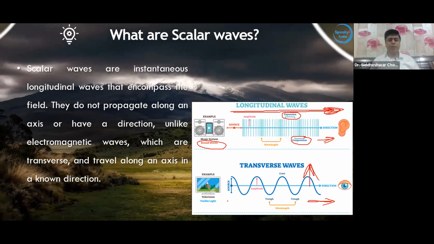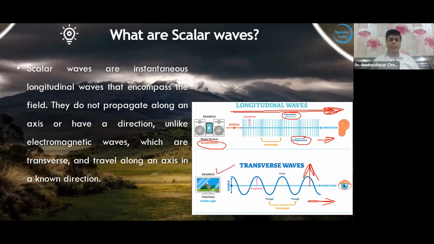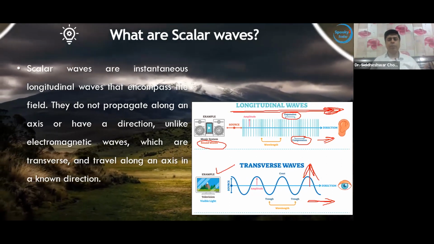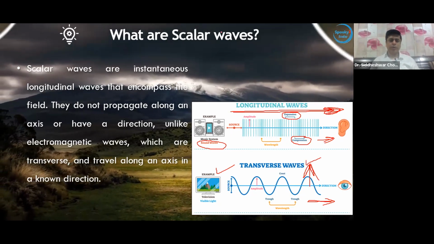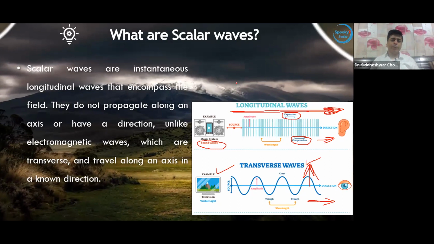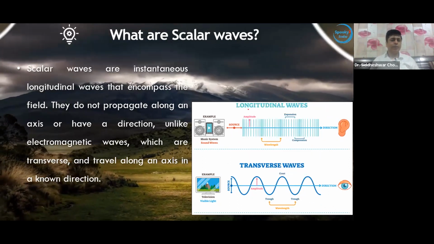The example is very simple: any electromagnetic radiation coming from television or your smartphones. These are the general transverse waves. That is the difference between longitudinal and transverse waves.